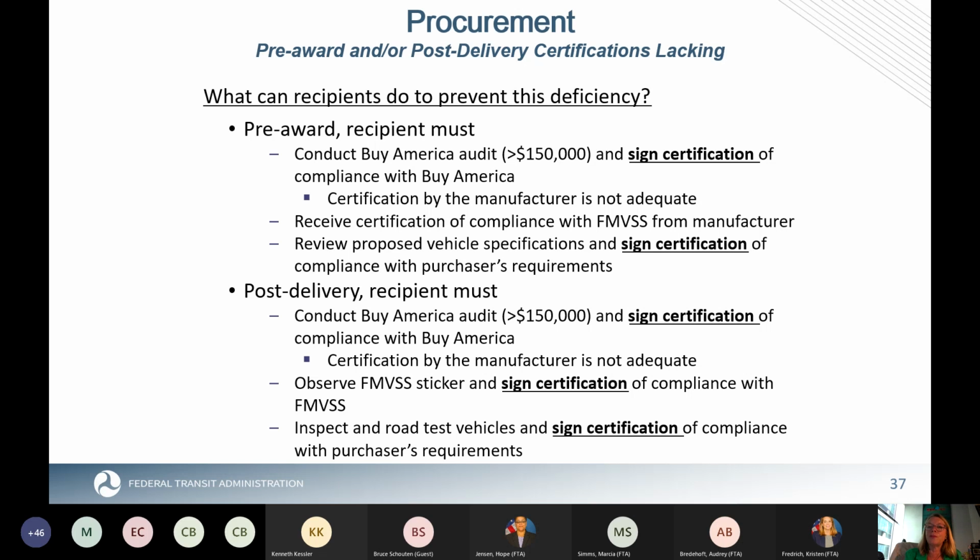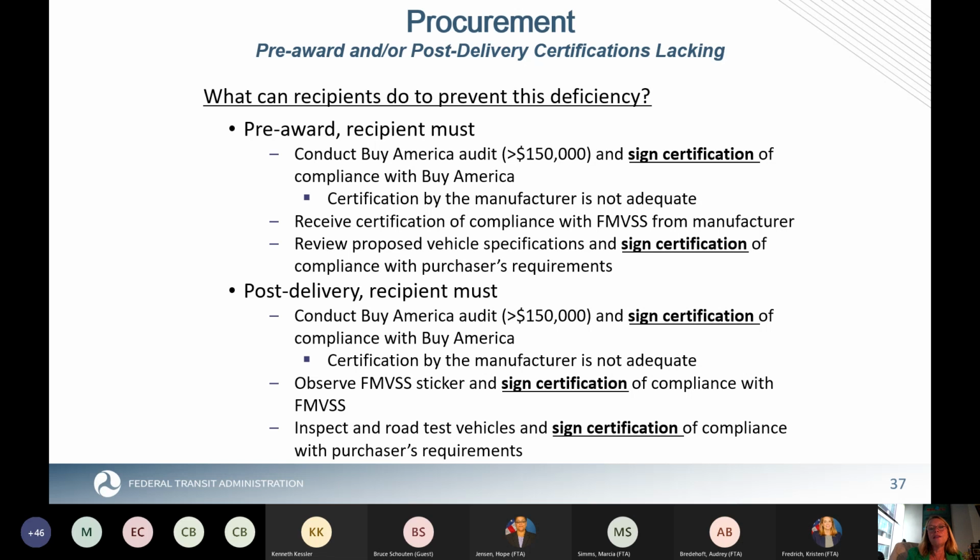What you're actually doing pre-award is saying, okay, here's the vehicle that's being proposed, and here is how the vendor says that this vehicle that they think they're going to send you meets the Buy America domestic content and final assembly requirements. You review that, make certification to the file that you believe it's in compliance with Buy America.